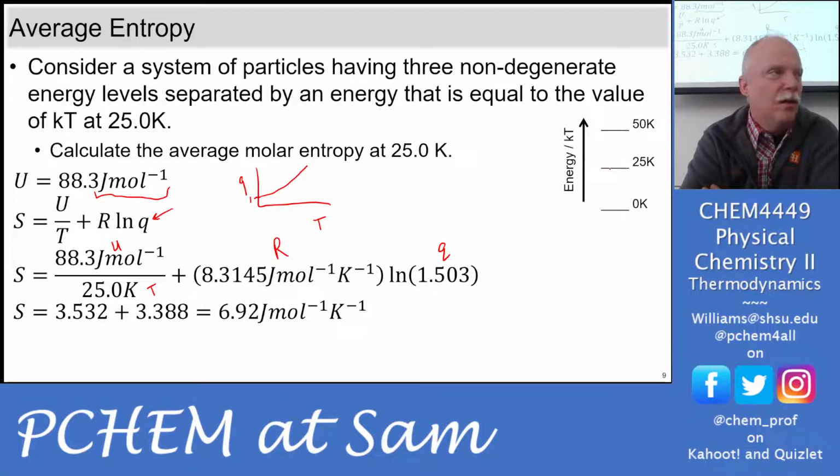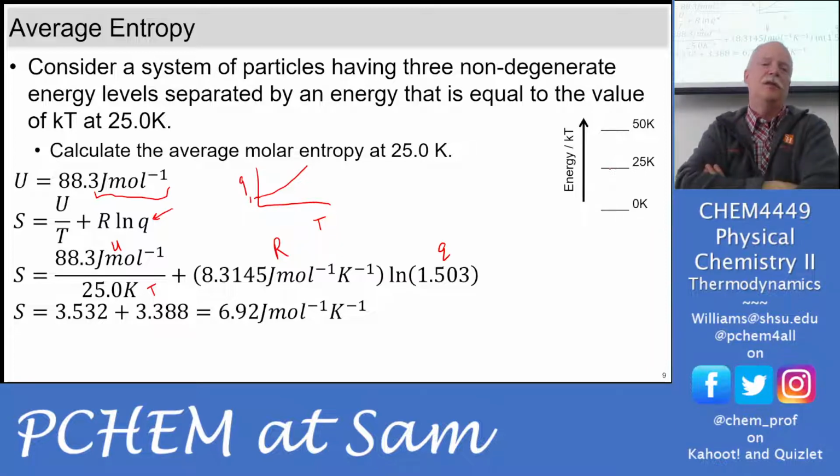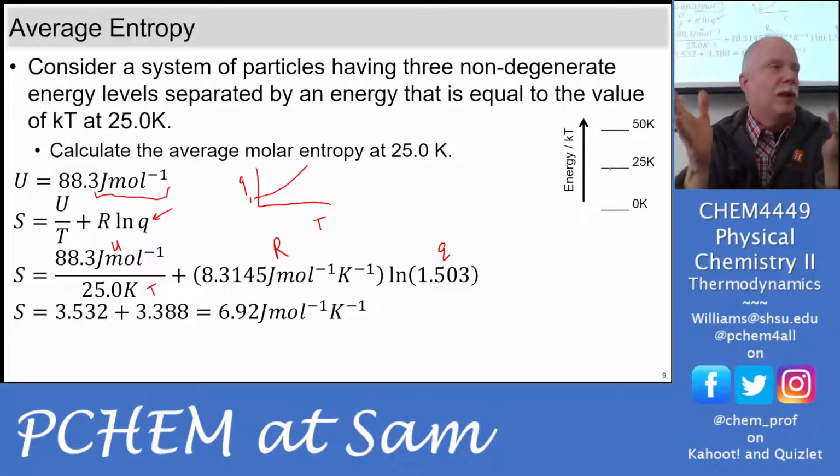That's perfect order. So entropy goes to 0 when temperature goes to 0. You have temperature in the denominator in this equation, but we're really focused on the partition function. As temperature goes to 0, that Q goes to 1, and that's like perfect order.